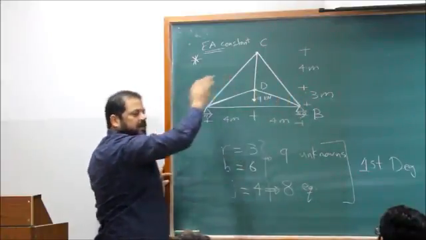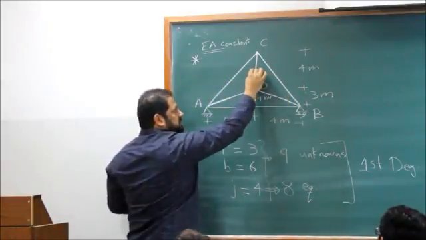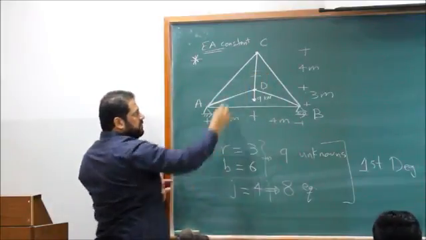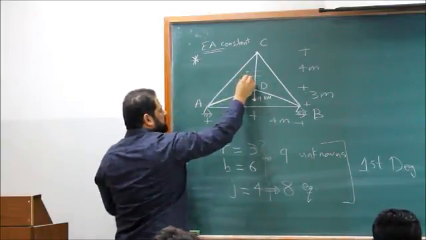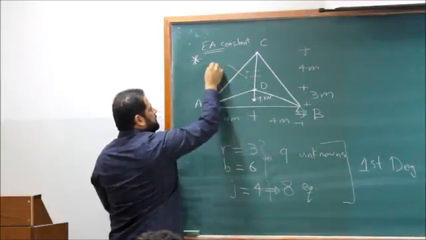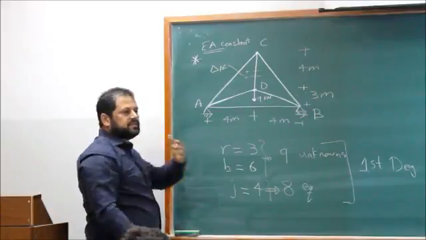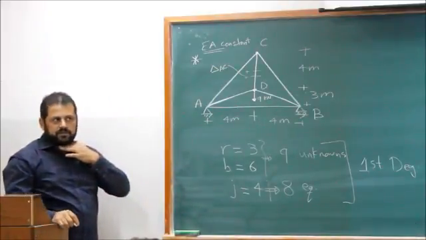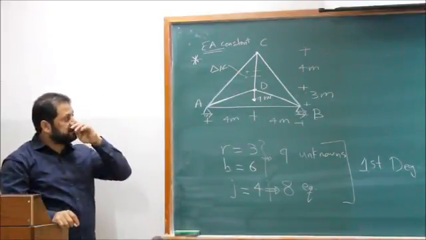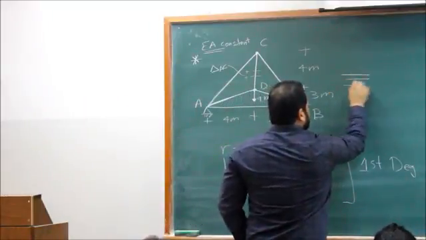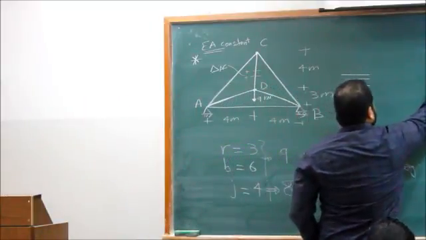Everything works, but the best option, I think, is to cut this one. We will cut this one, the member AC. It means 0 force. There is no force in this member. Good? So if we do that, we will have 2 segments.